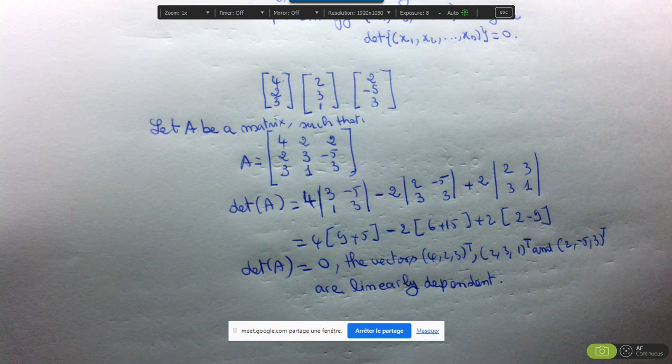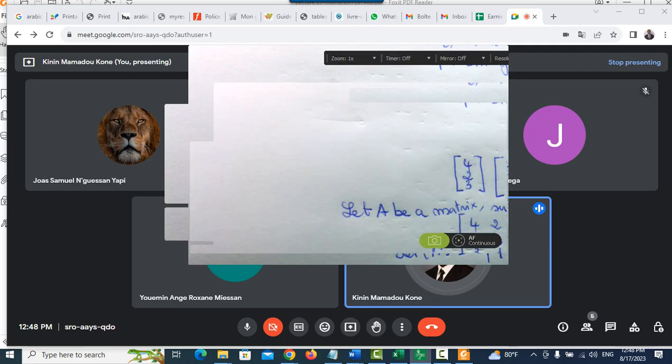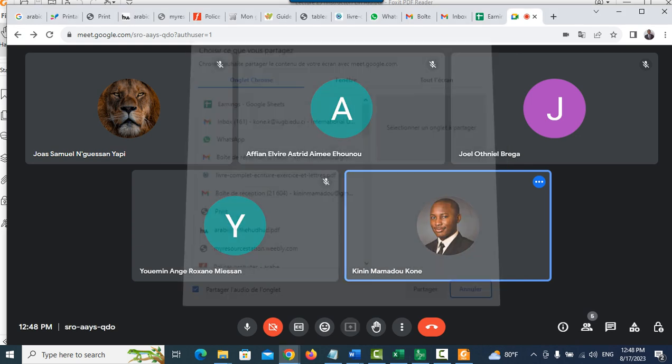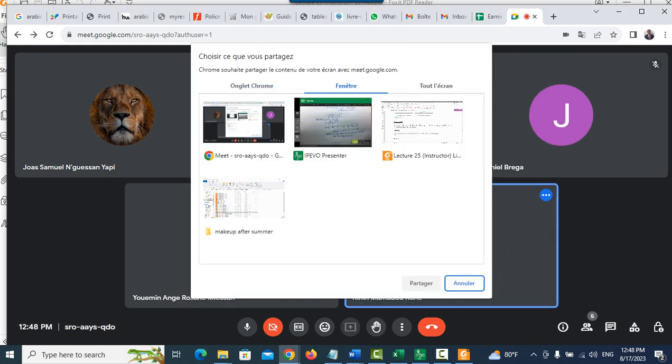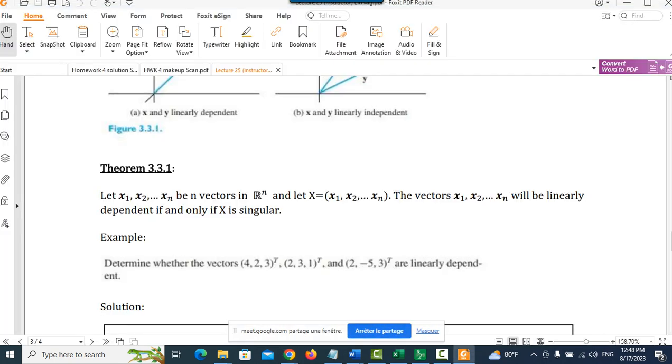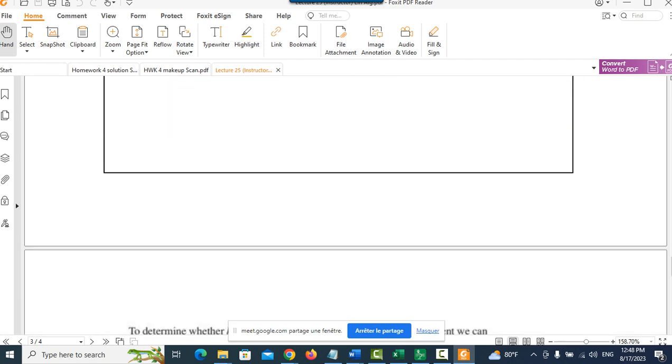Now the next one. Okay, so here we've actually done this exercise, this one.